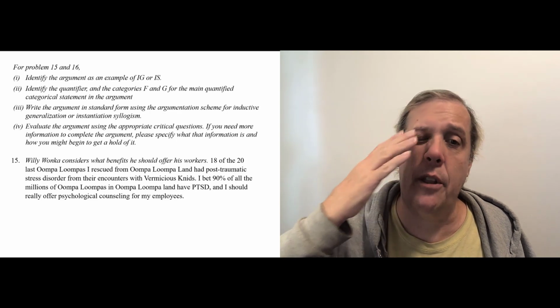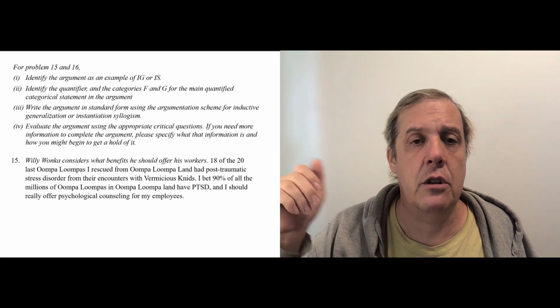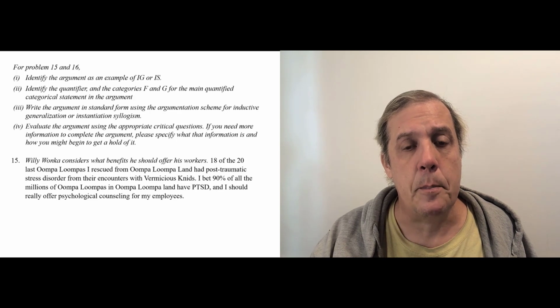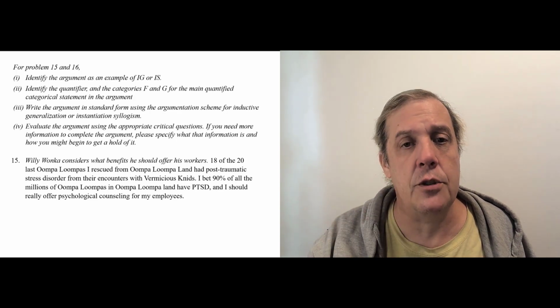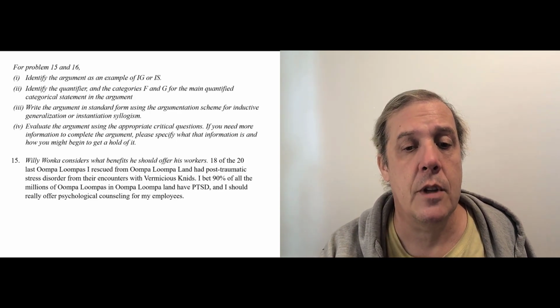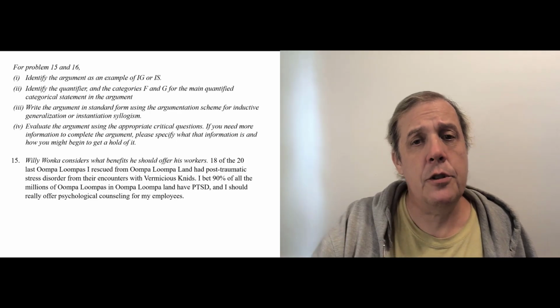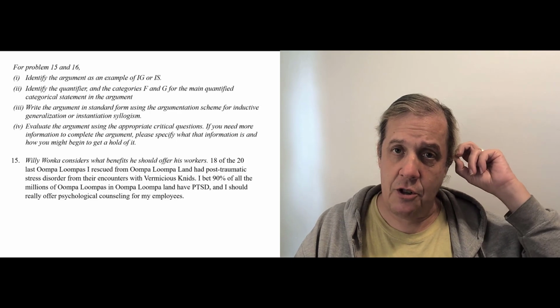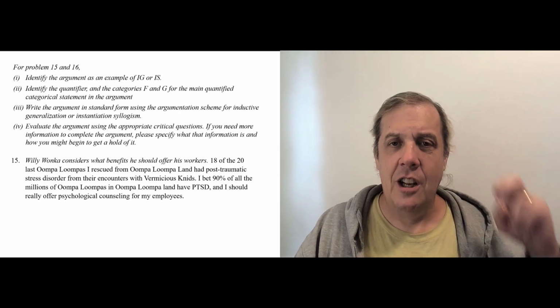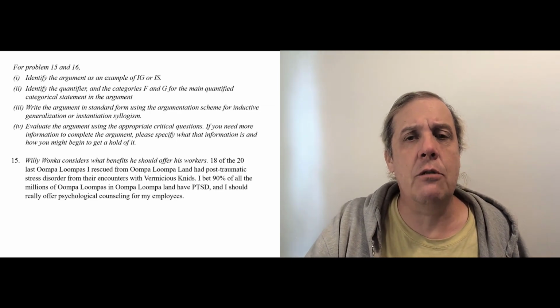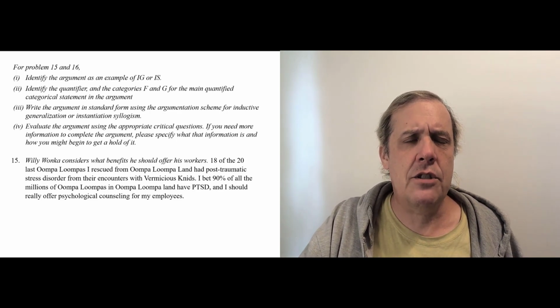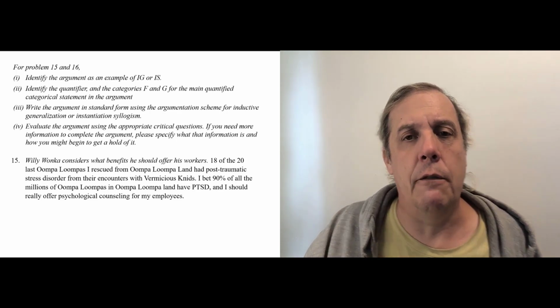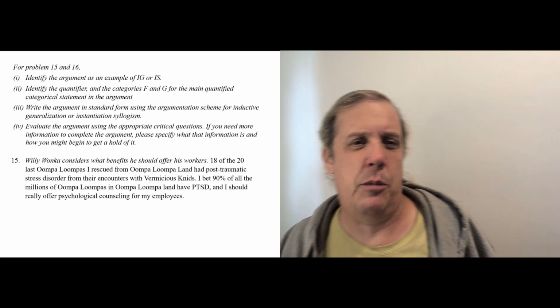And then once you decide whether it's an inductive generalization or instantiation syllogism, you need to analyze it using the appropriate tools. So the first question, the first sample passage is about Charlie and the Chocolate Factory, the children's book and several movies that are widely loved, but actually kind of weird and problematic.